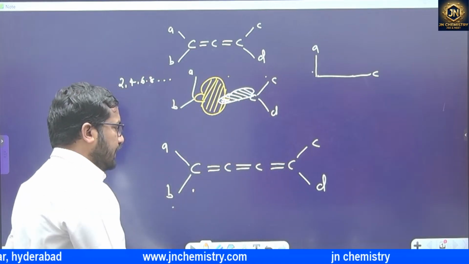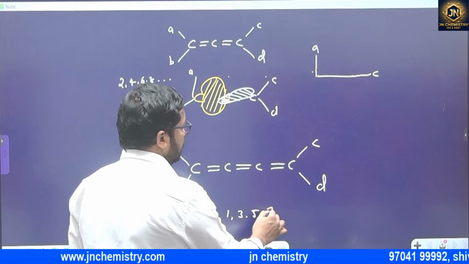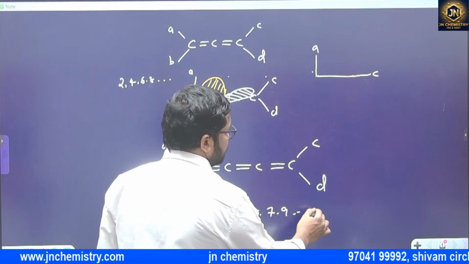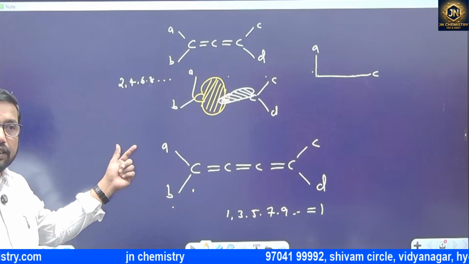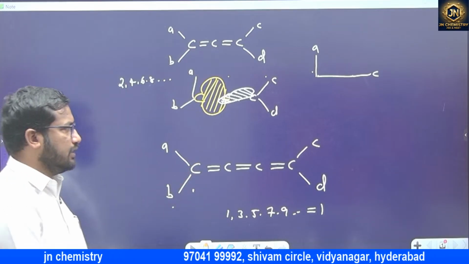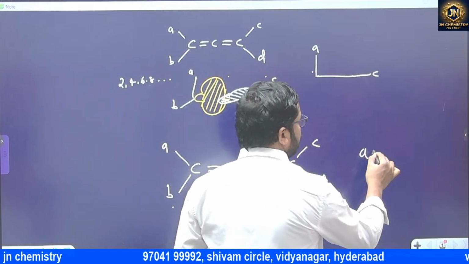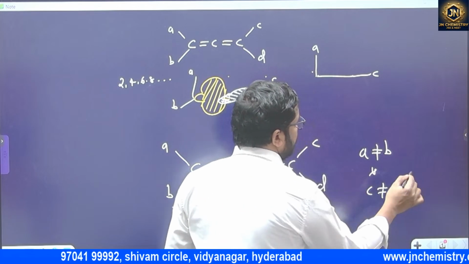So with one double bond, or three, five, seven, nine double bonds, they show geometrical isomerism, provided A is not equal to B and C is not equal to D. Write it down.